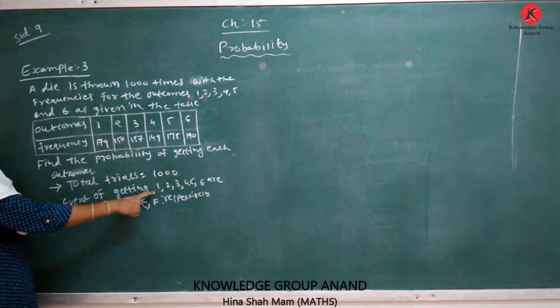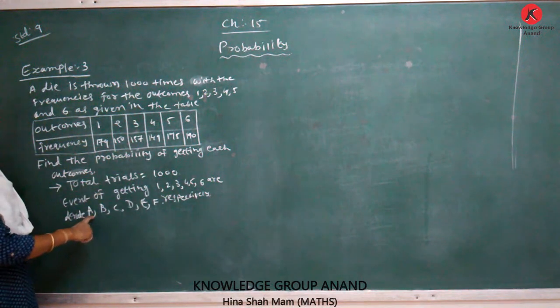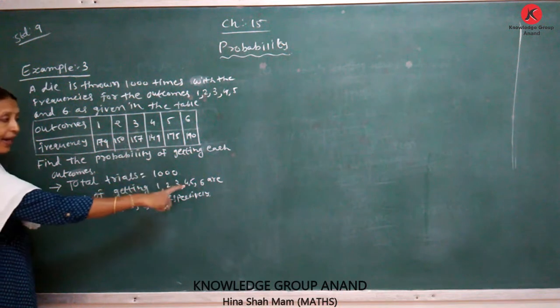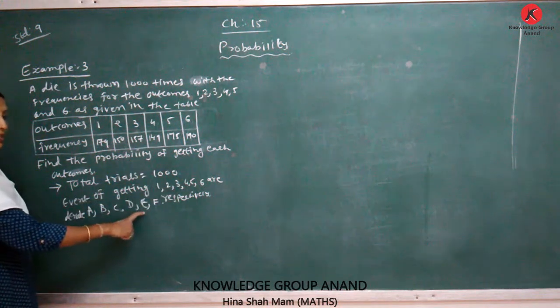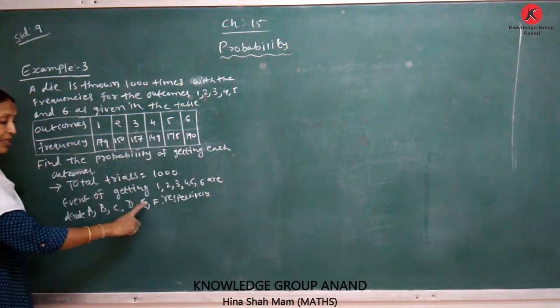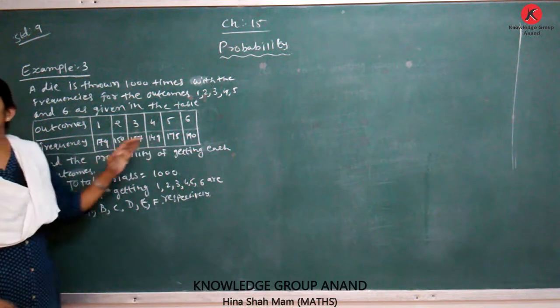For getting 1, we denote A. Getting 2, its event is called B. Getting 5, its event is called E. Getting 6, its event is called F.